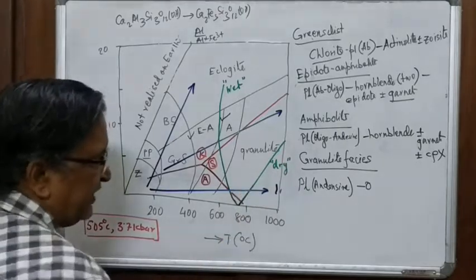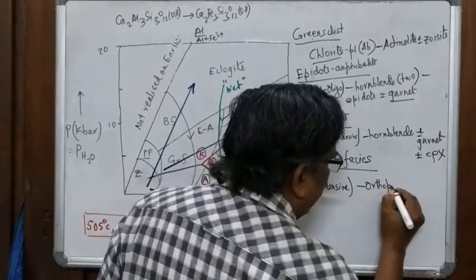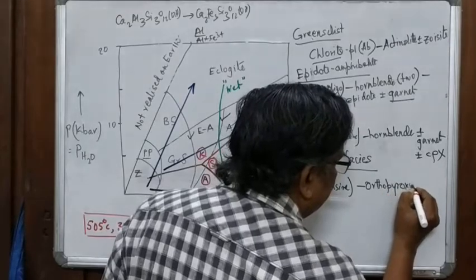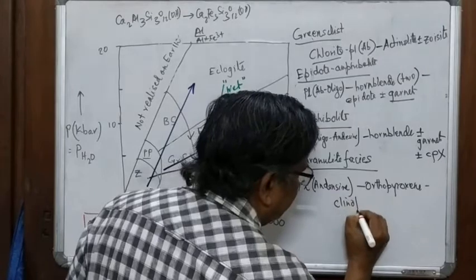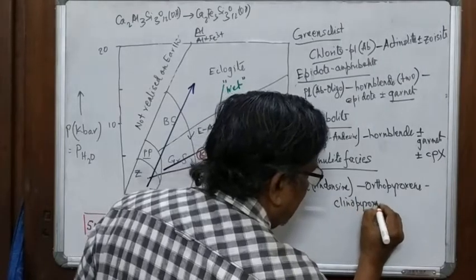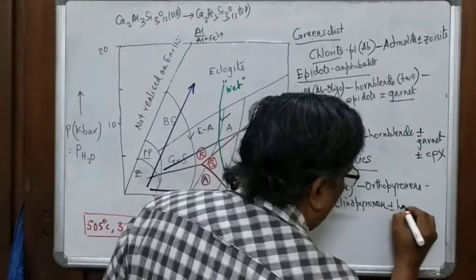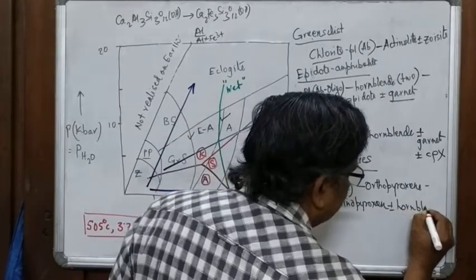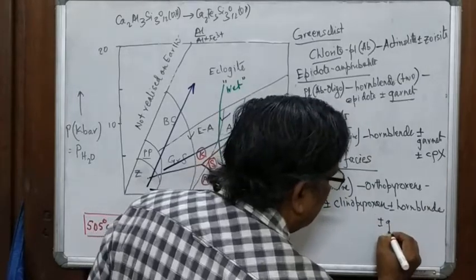And in the granulite facies, you have plagioclase, then orthopyroxene is the key mineral. And then you have clinopyroxene, plus minus. Then you have plus minus hornblende, and then plus minus garnet.